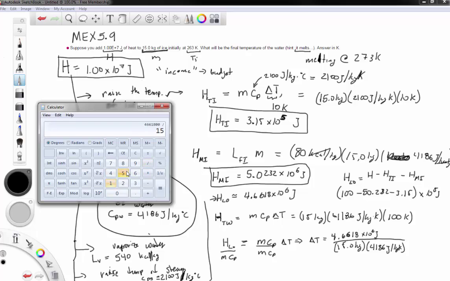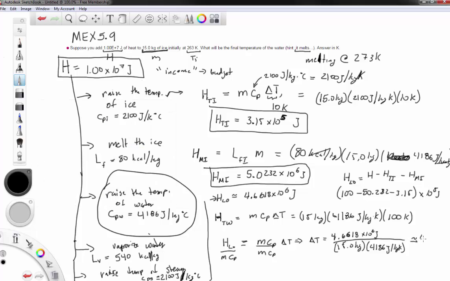Now we're going to divide by 15 kilograms, and divide that again by 4,186 joules per kilogram Kelvin. And what you're left with is 74.2. So this is roughly 74.2 Kelvin. So that's how much we raise the temperature of the water by.